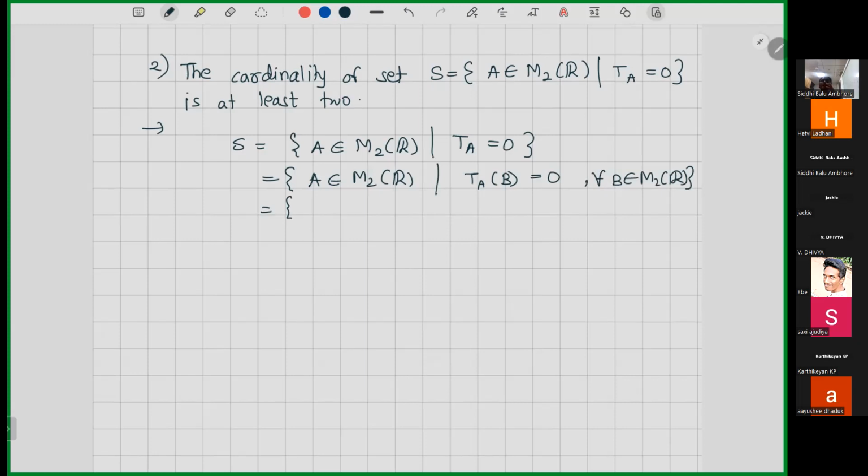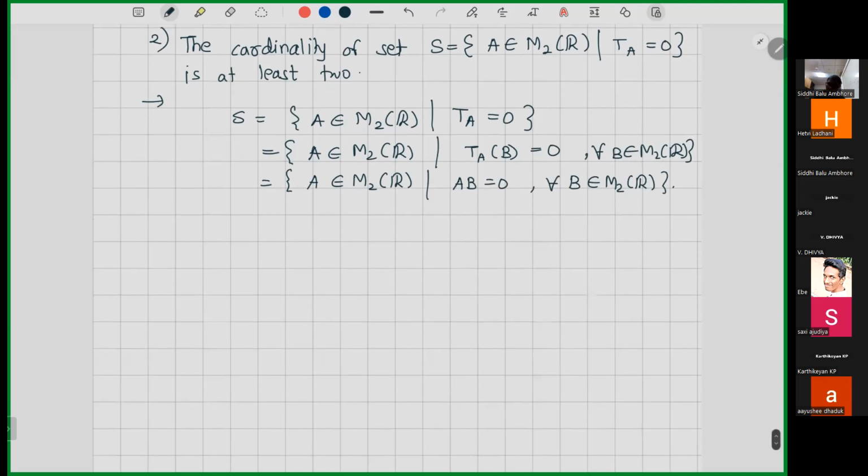And as Karthikeyan said, this is not true. Okay, this is not true, and we will see why, such that AB is equal to 0 for all B in M2R. And any guesses why this is not true? I mean, how can we say that this is not true?